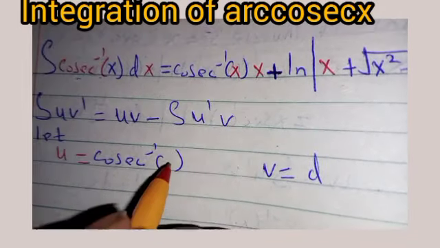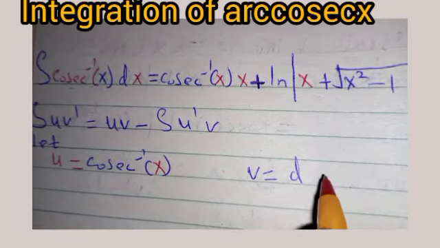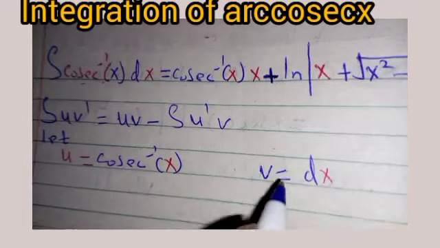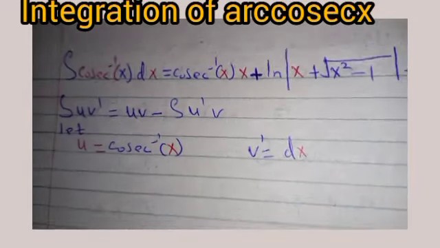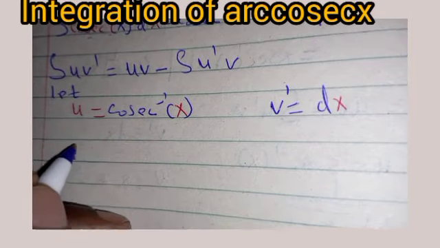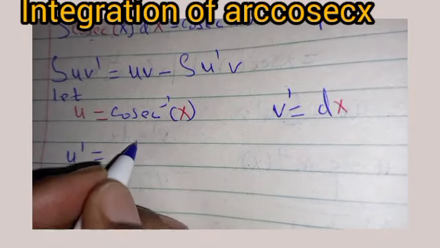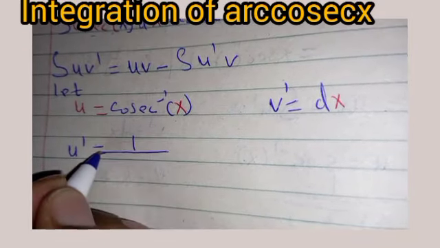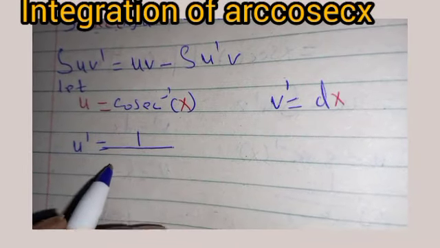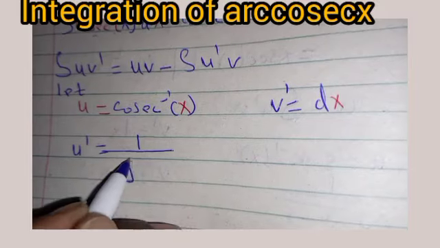So u is cosec inverse of x, and our v prime is equal to that. Then you get your u prime, which is given by 1, and when you differentiate cosec inverse, you are going to get this result here.